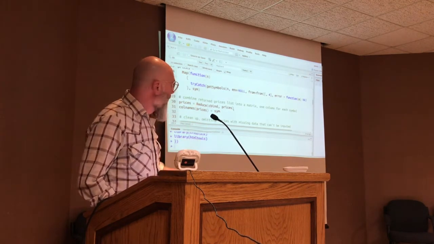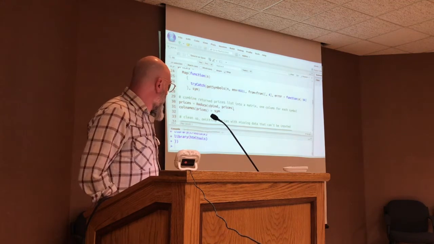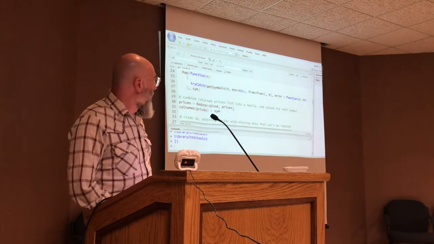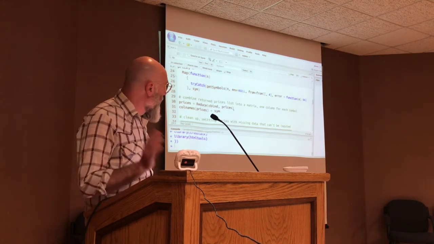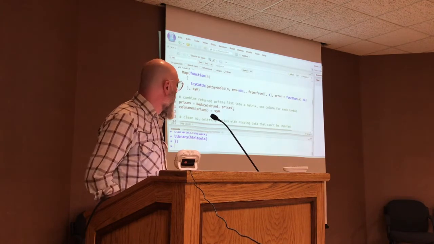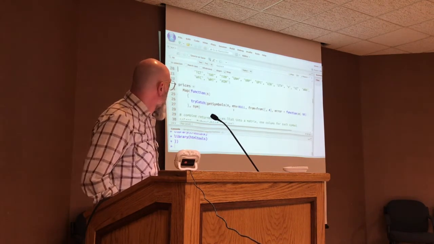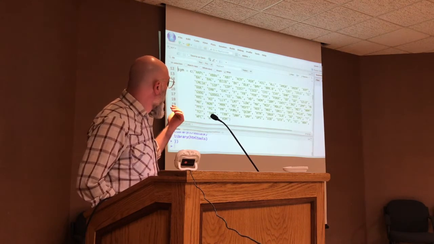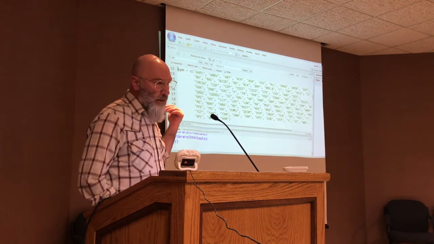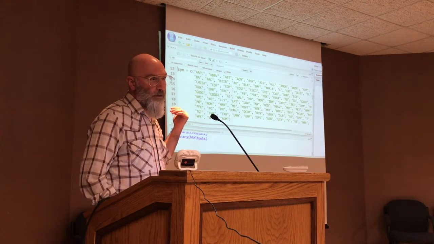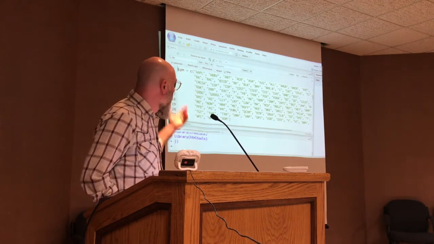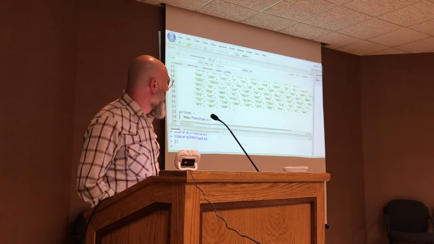I used a package by Josh Ulrich and Jeff Ryan called QuantMod. I know there are newer packages that do this kind of thing too. But what I did is I had a curated list: I went on the internet and got the current S&P 100 largest stocks. So that's the S&P 100 as of recently.